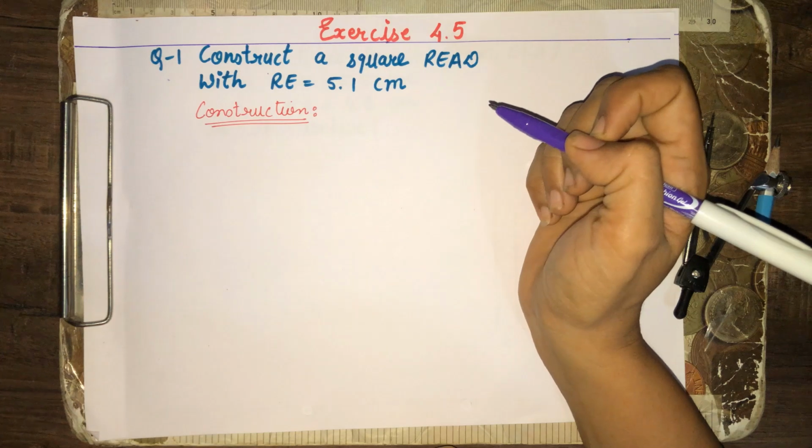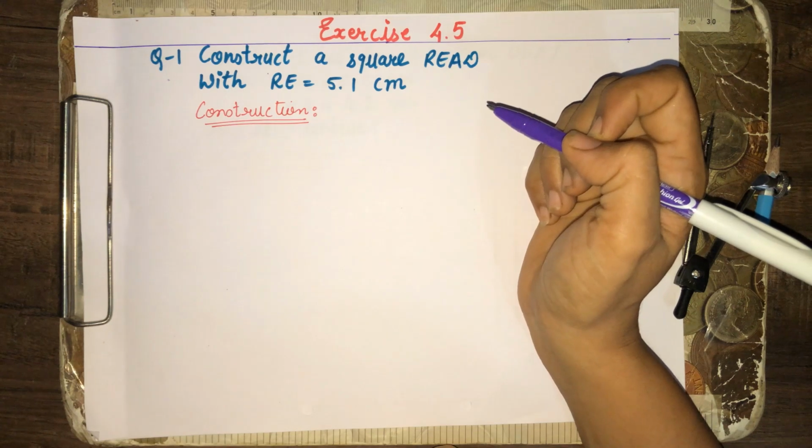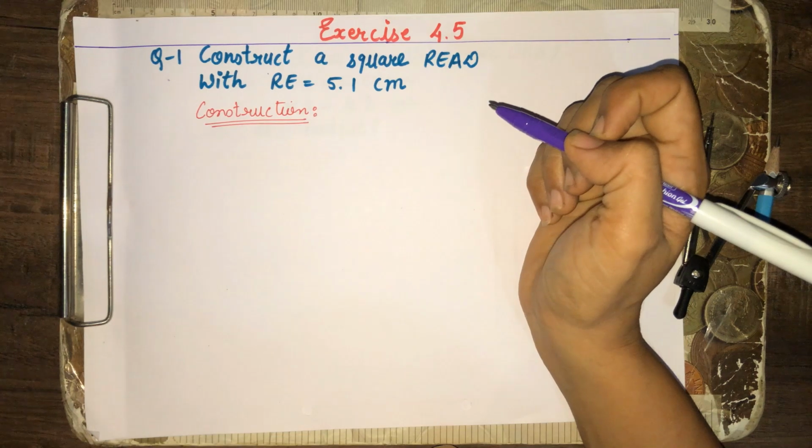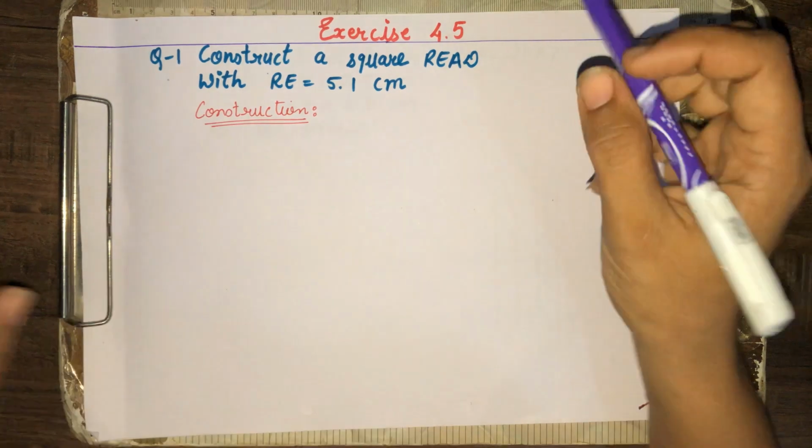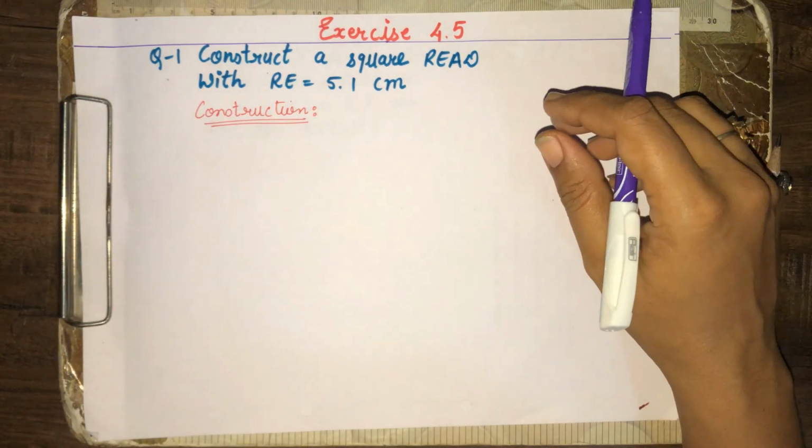Here we are going to recall the special properties of special quadrilaterals like a square: all sides of a square measure the same and all four angles are 90 degrees. So let's begin with the construction.